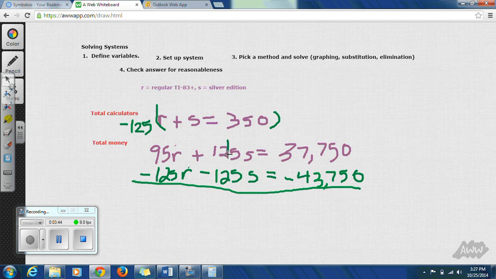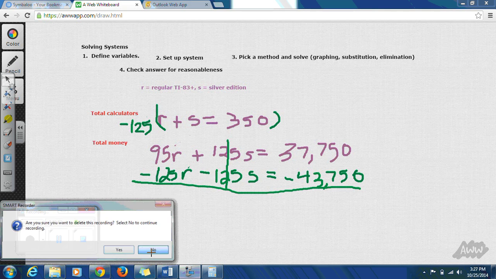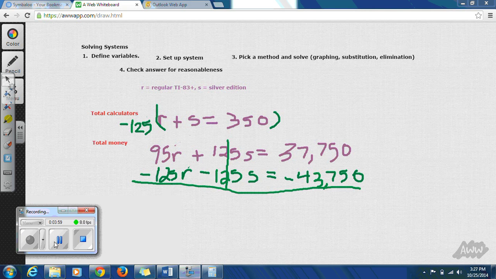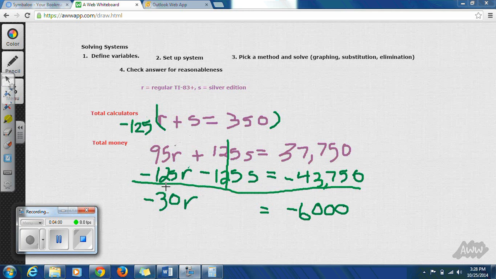Doing so, I'm going to see the S's cancel out. So now, I'm really solving for how many regular calculators there are in this problem. So now I'm going to do 95 minus 125. 95 minus 125 gives me a negative 30.